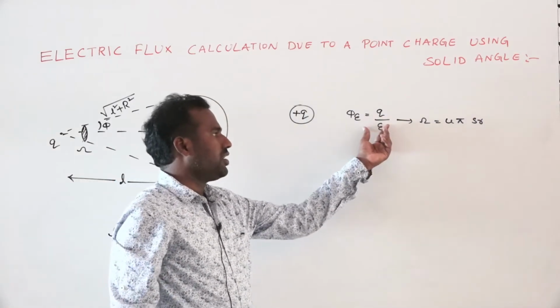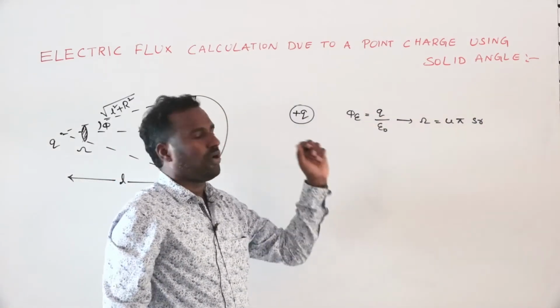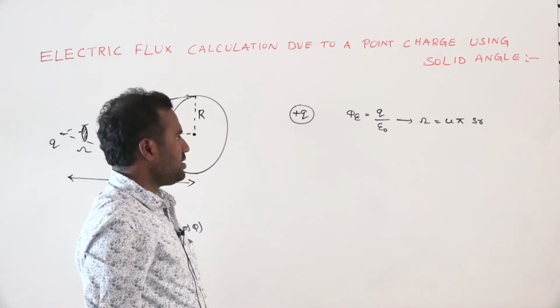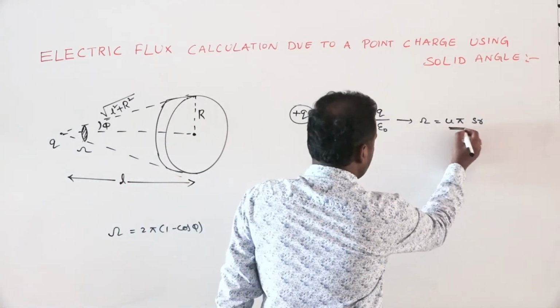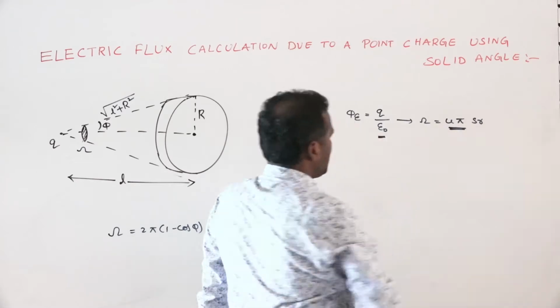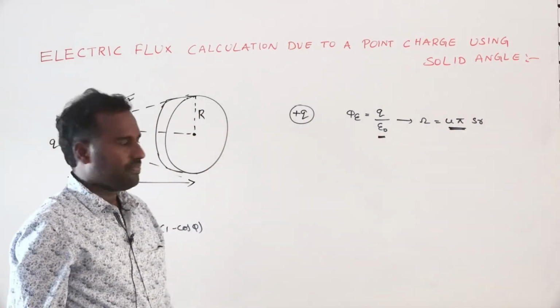Q by epsilon naught is the total flux due to this point charge. So, for 4 pi steradian, q by epsilon naught is the flux.